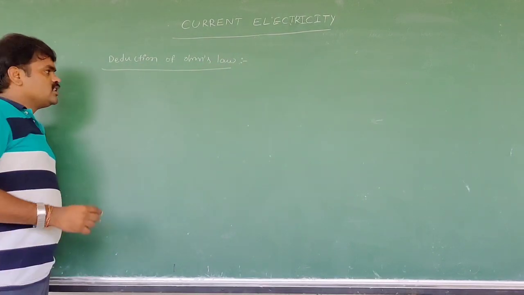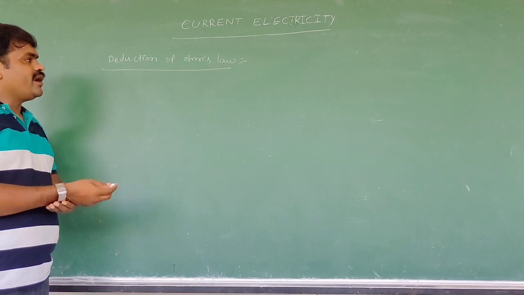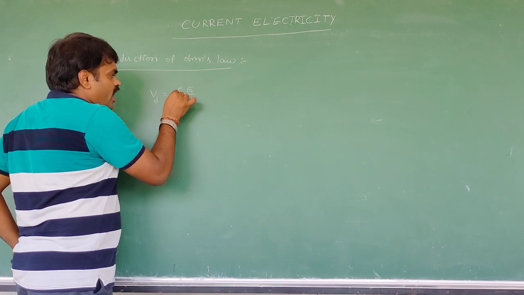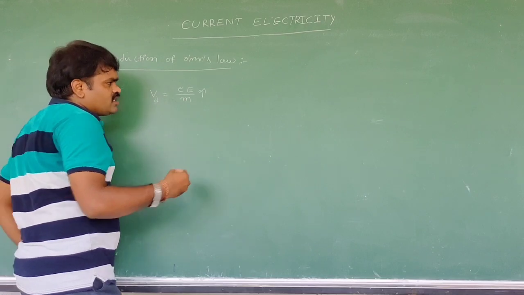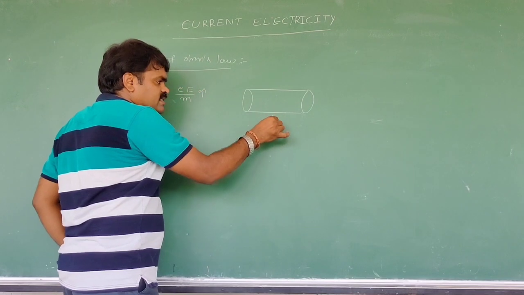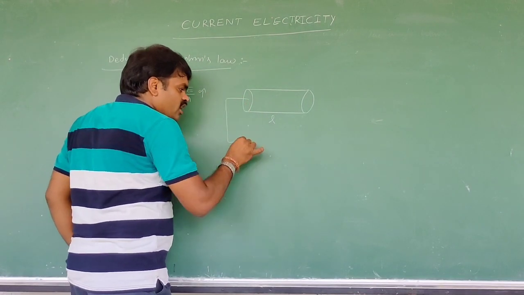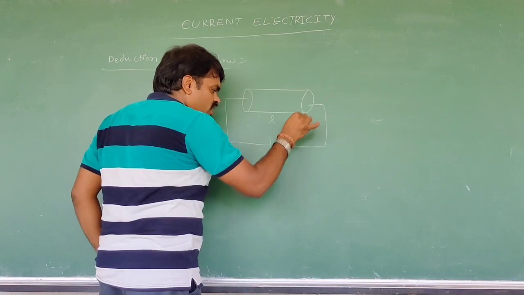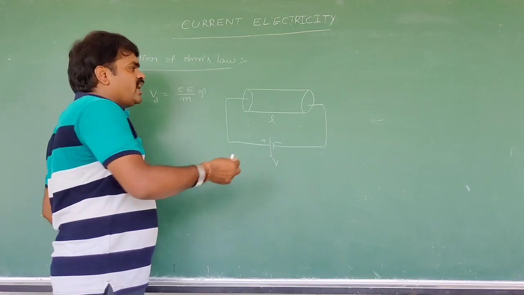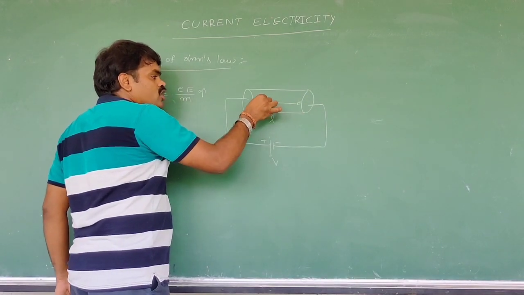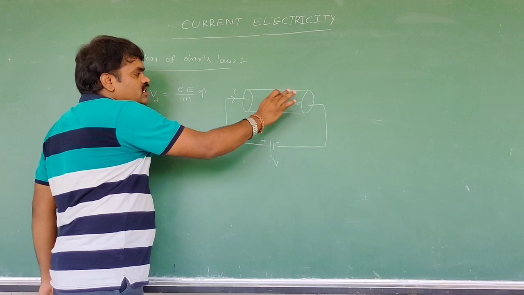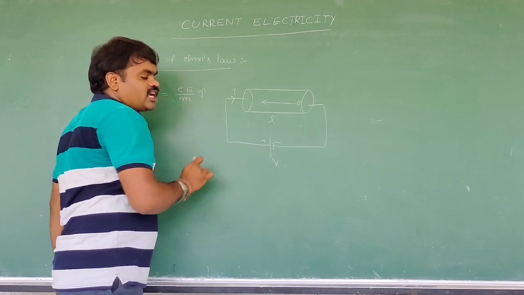Now the deduction of Ohm's law. We know that the drift velocity of the electrons in a conductor, Vd, is equal to E by m into tau. Here is a conductor of length L. The potential we apply across the conductor is V. Then the electrons will drift towards the positive terminal of the battery, and the current I flows through the conductor.